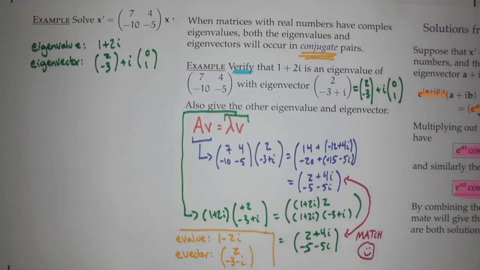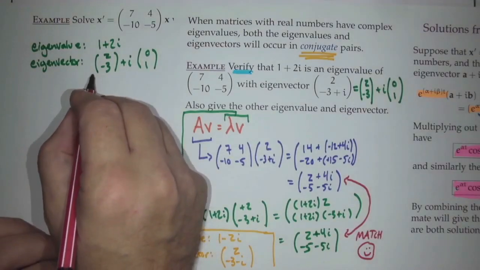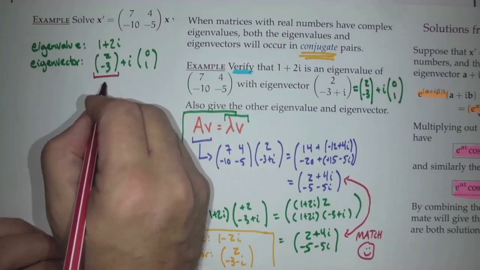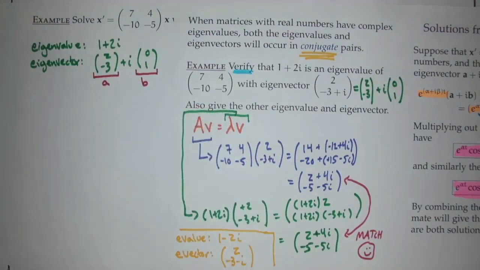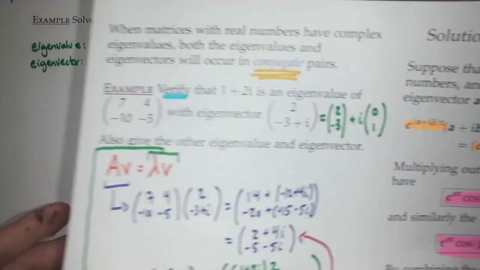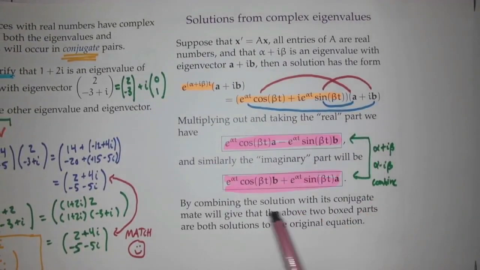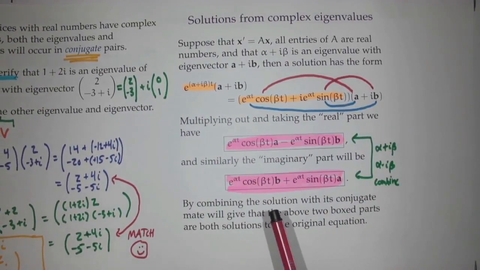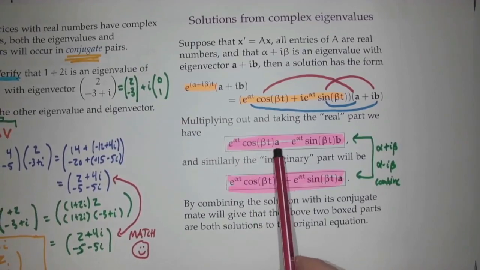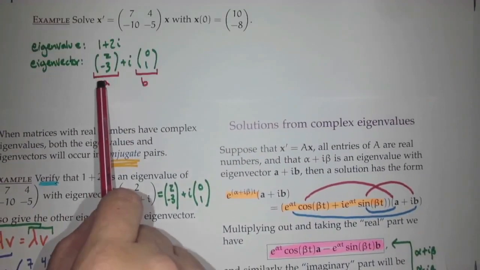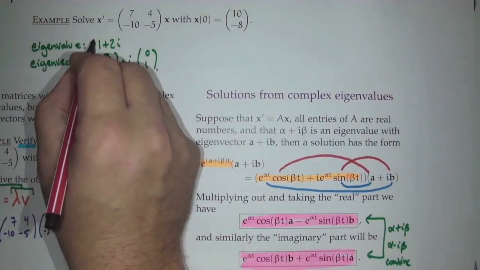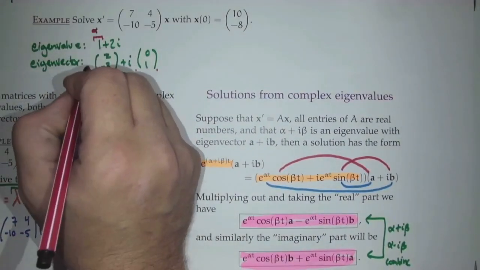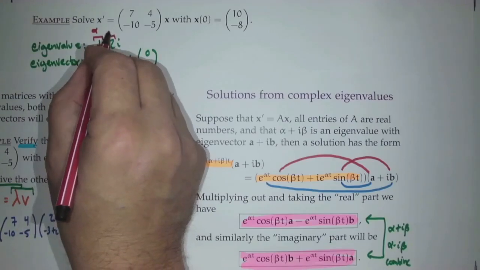Well, that'll save us some time. But we can even say, look, because we have our nice complex roots, we know how to write our answers. That's what this information here tells us. And we know the pieces. We know a, we know b. We even know alpha and beta. So alpha is the 1, and beta is the 2.